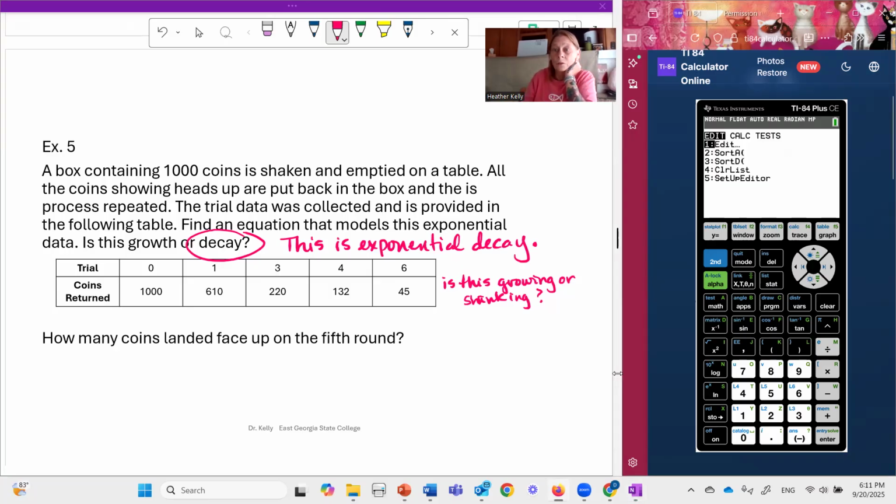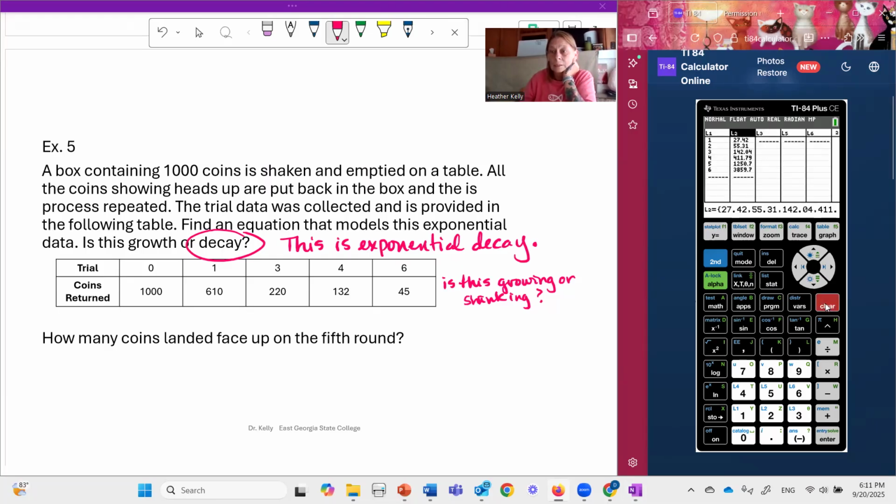Okay. All right, so let's put in our data. So we're going to go here to stat and we're going to edit. Zero, 1, 3, 4, 6. And we have 1,000, 610, 220, 132, 45.